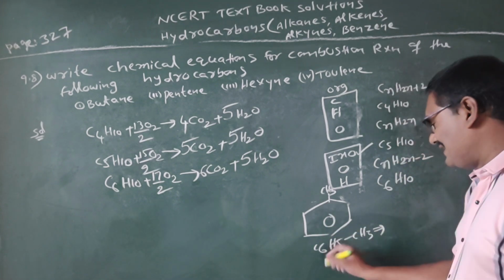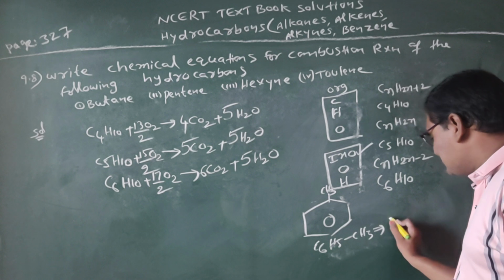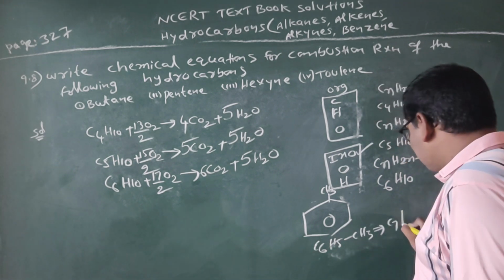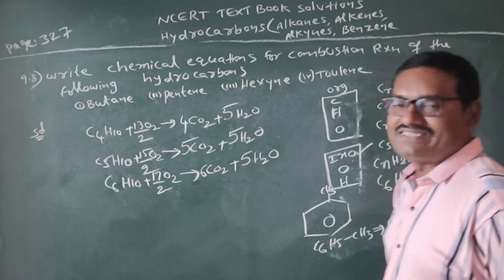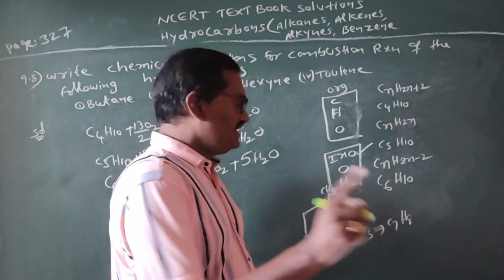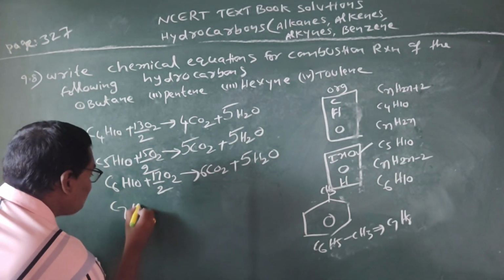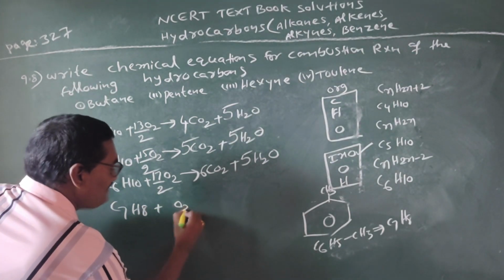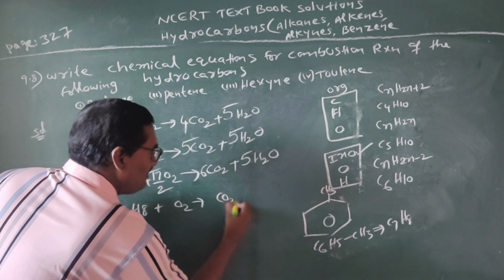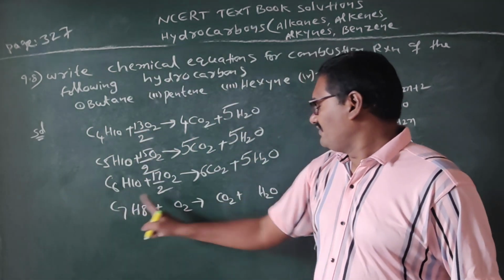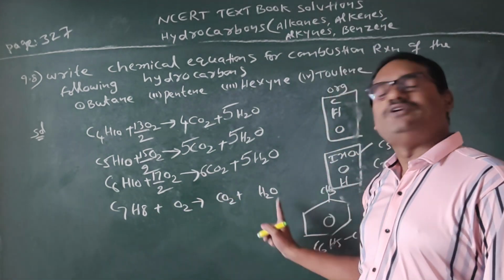So it is written as carbons 7, C7, hydrogens 5 plus 3, 8. So C7H8 is the toluene formula. It is written as C7H8 plus oxygen, then converted into CO2 plus H2O. Here carbon is converted into CO2, H is converted into water.